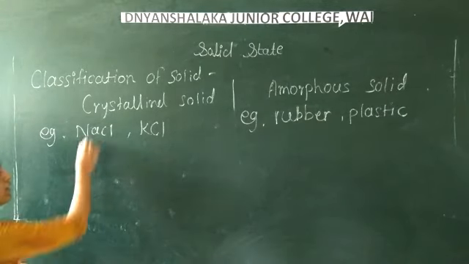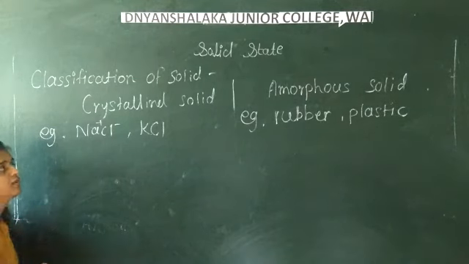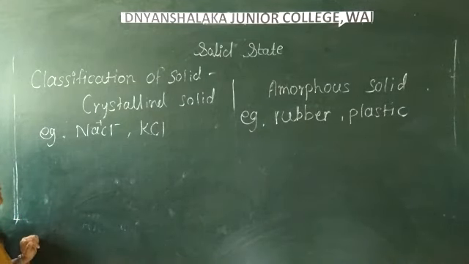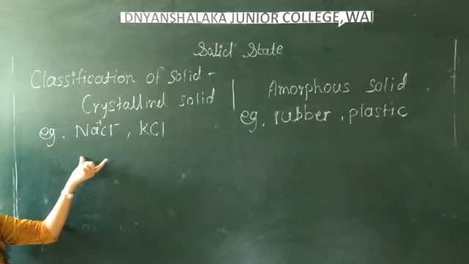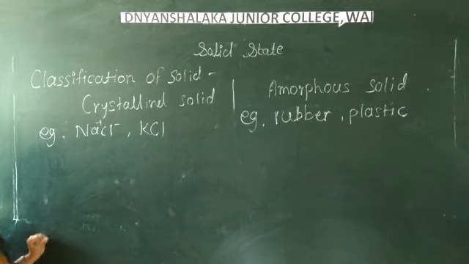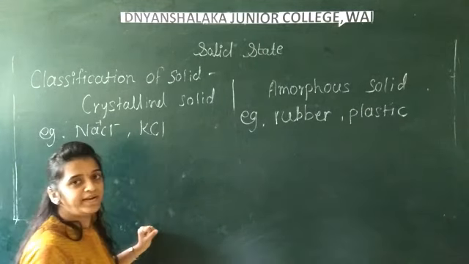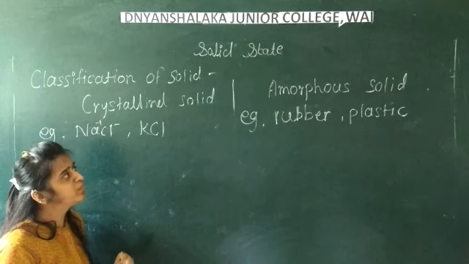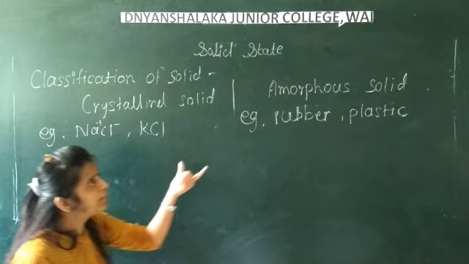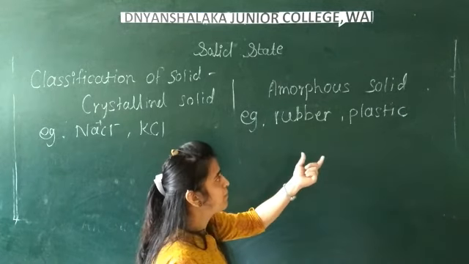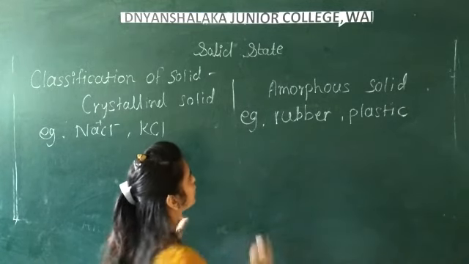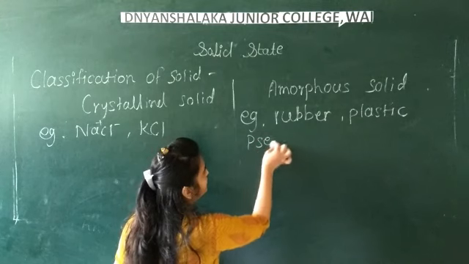In crystalline solid, Na plus and Cl minus, between these oppositely charged ions is electrostatic force of attraction, means it forms an ionic bond. This force of attraction is responsible for ionic bond, covalent bond, hydrogen bond and van der Waals forces. But in amorphous solid, their arrangement is not fixed. Examples: rubber, plastic. So it is also called pseudo solid.